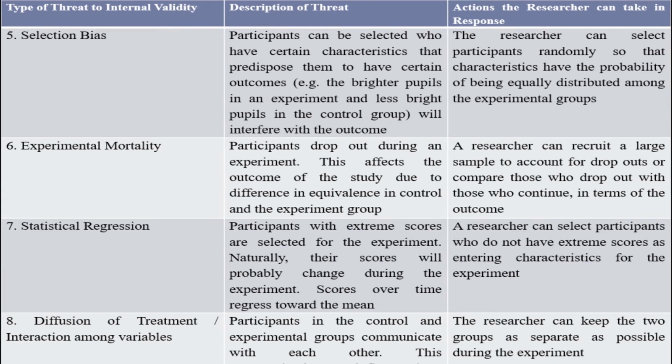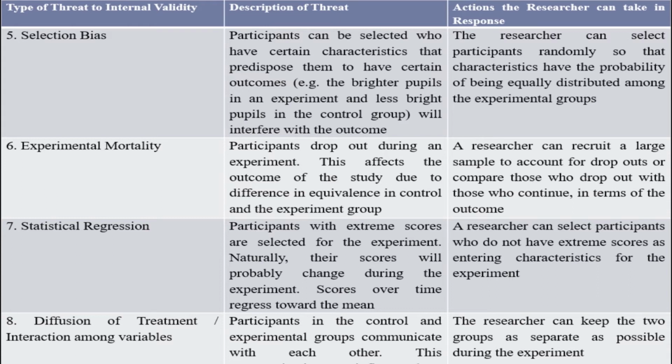Another threat is selection bias. This is where the researcher has selected participants who have certain characteristics that predispose them to have certain outcomes. Imagine selecting only brighter students in the experimental group and less bright students in the control.